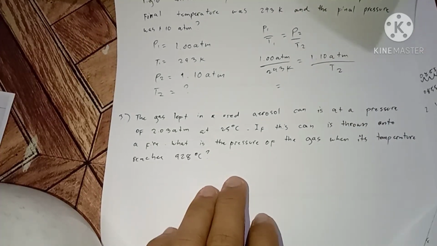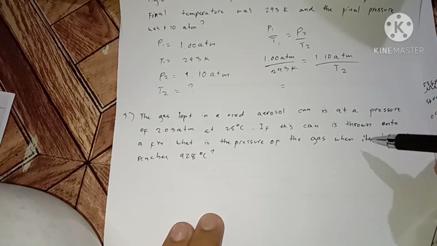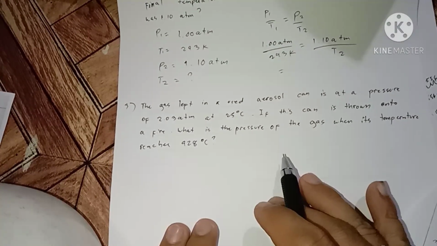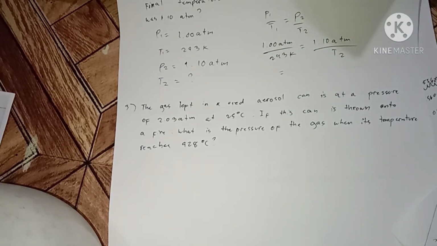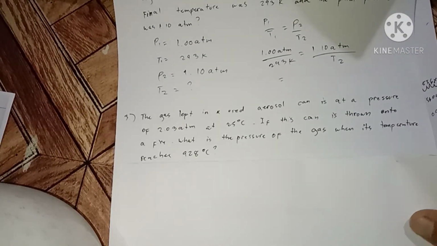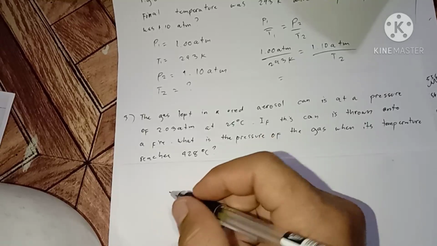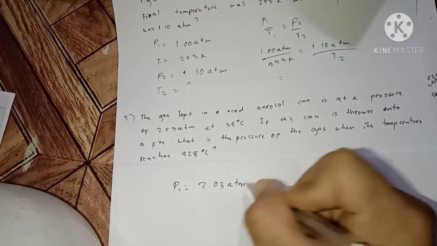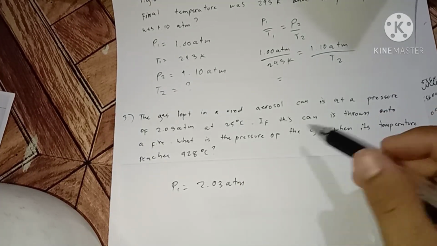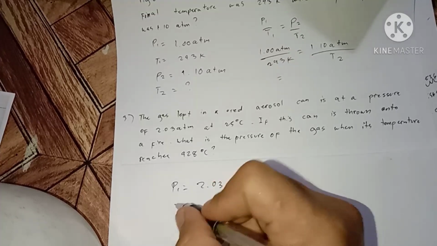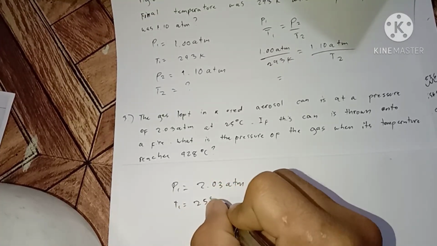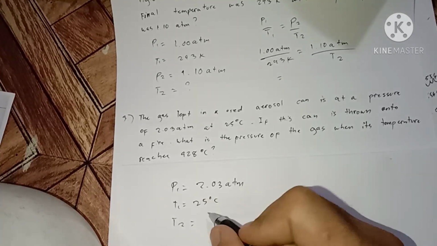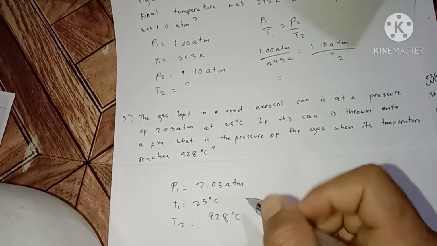If this can is thrown onto a fire, what is the pressure of the gas when its temperature reaches 928 degrees? So pressure 1 equals 2.03 atm, the temperature 1 equals 25 degrees, and the final temperature, T2, equals 928 degrees Celsius.